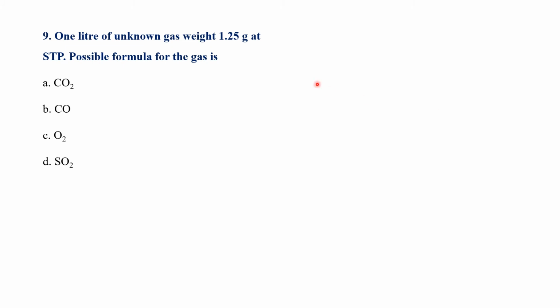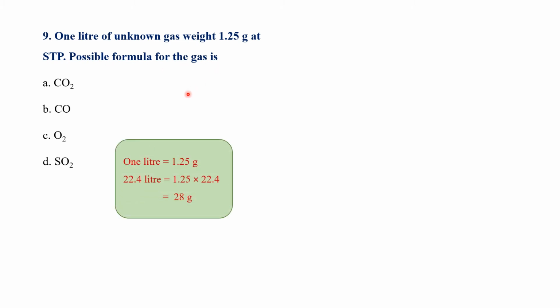One liter of unknown gas weighs 1.25 gram at STP. Possible formula of the gas is, so we will solve it. 1 liter, that is given in the question, is equal to 1.25 gram. So we know that 22.4 liter will occupy how much weight, how many grams.